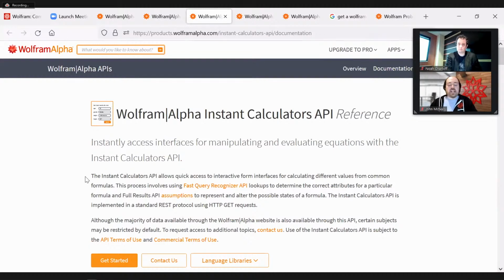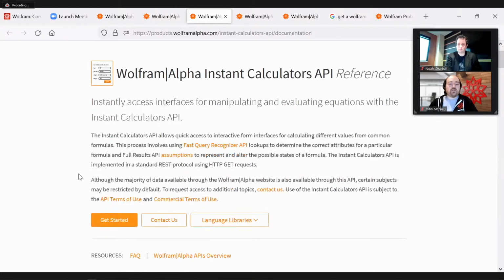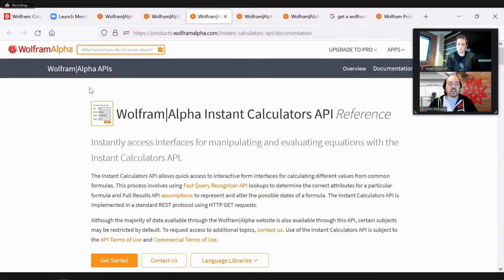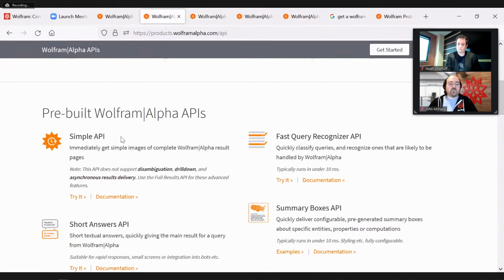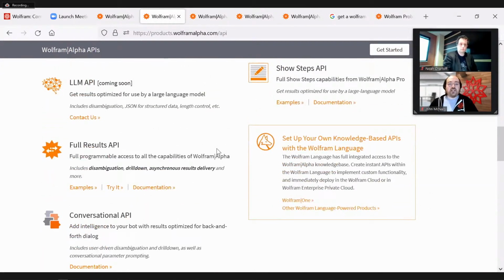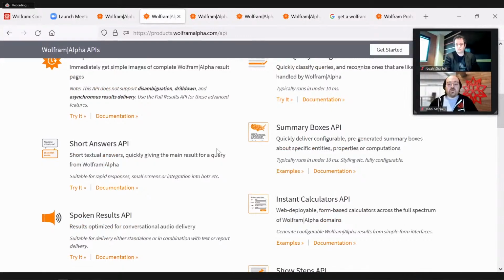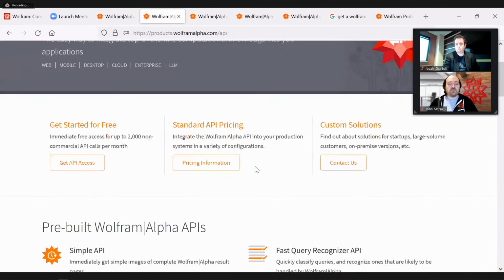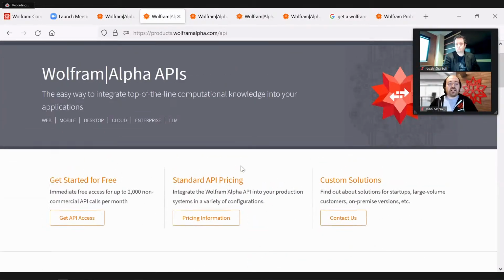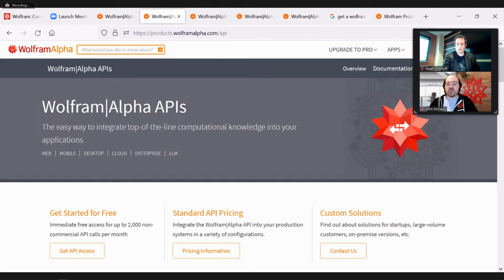Wolfram Alpha has a lot of handy calculators for various engineering and science course applications, and if you want an API just for those, there's one built more for that use case. So that's the idea: there's the quick and simple, just give me the image of what your page would show, and then there are these other options for a particular use case. Again, not quite what we were focusing on for the original presentation, but since there's a question about it, might as well give a sneak preview.